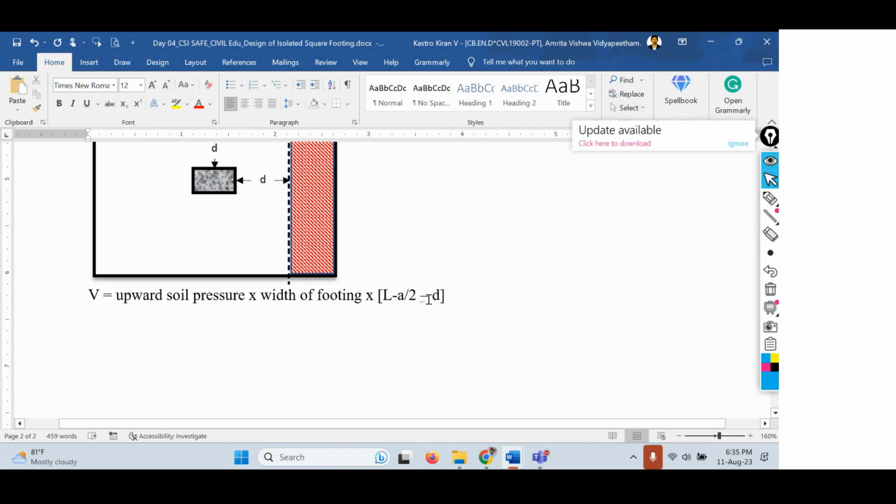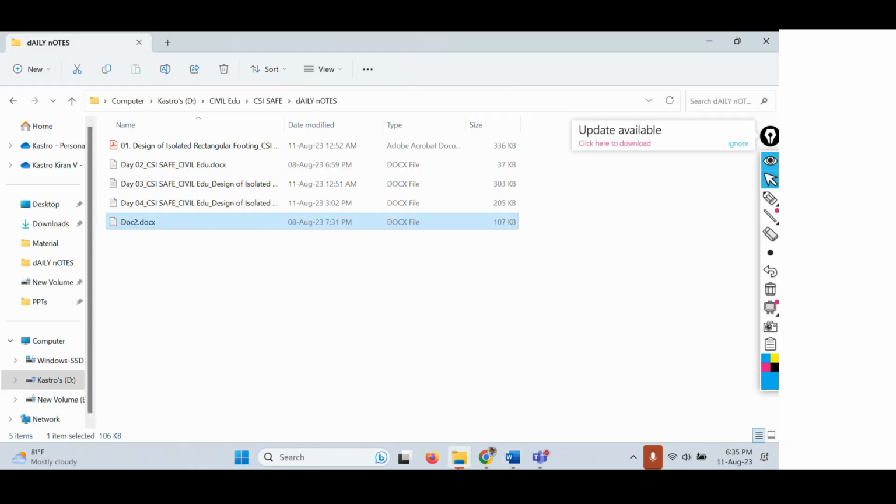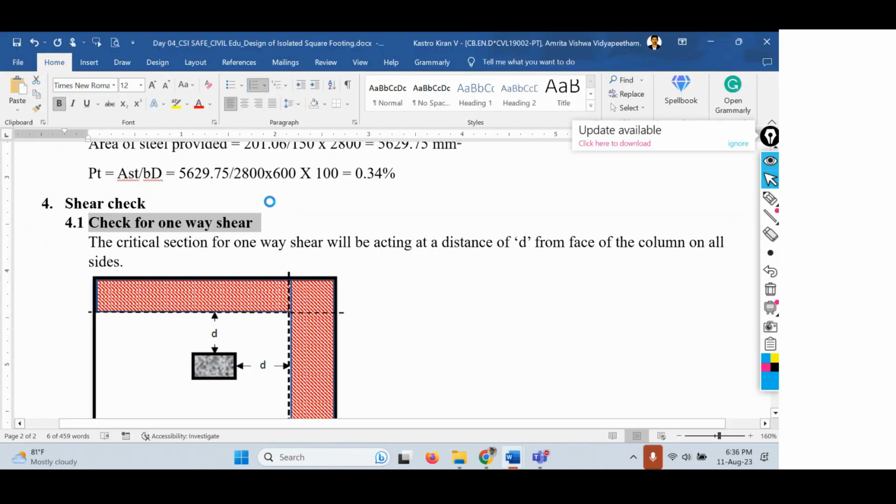But for a rectangular footing, we have to calculate the one-way shear along the length direction and also along the width direction. If you remember, let me show you what we discussed in the last session. We calculated the one-way shear both along the length direction and width direction. Why?